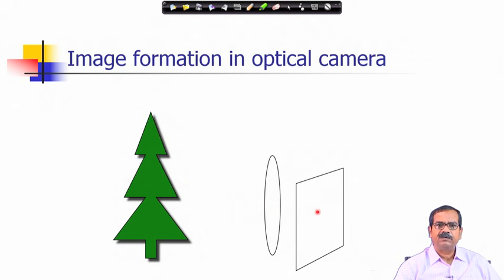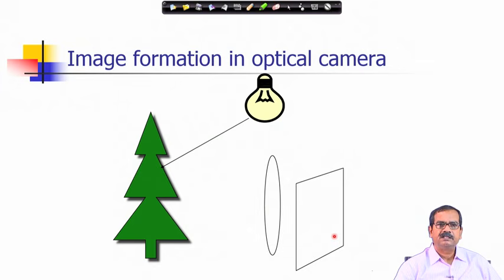There the images are formed, and those points are finally sensed by corresponding sensors and digitized, and you get a digital representation. So, let us see how a point in a three-dimensional space is mapped to an image point.